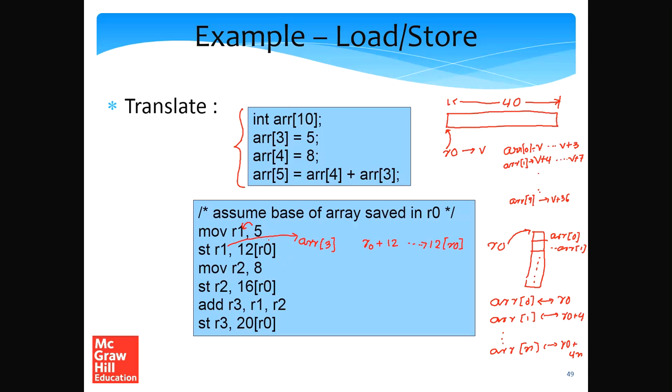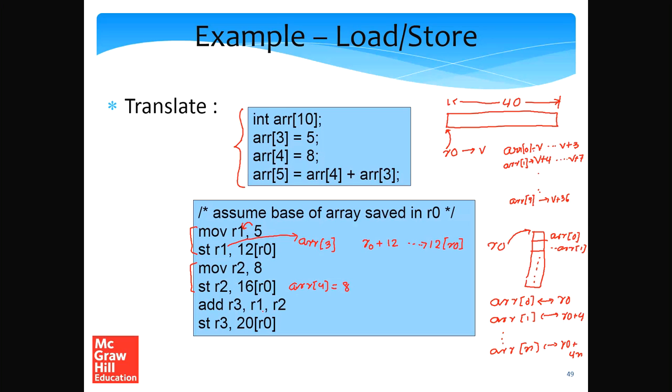So we save the value. We do what we have done here. We do the same for array 4, where we save 8 in R2, and then we store the value of R2 in 16(R0), which is essentially the same as setting array 4 equal to 8.